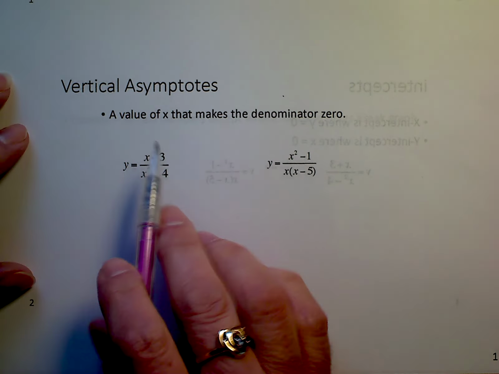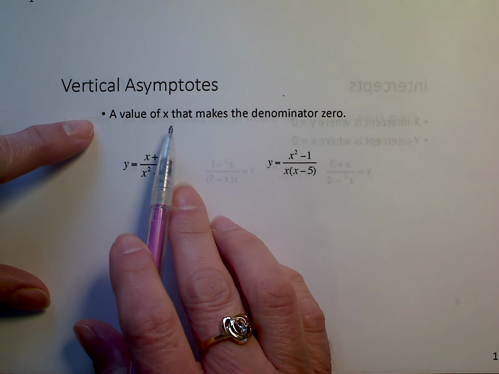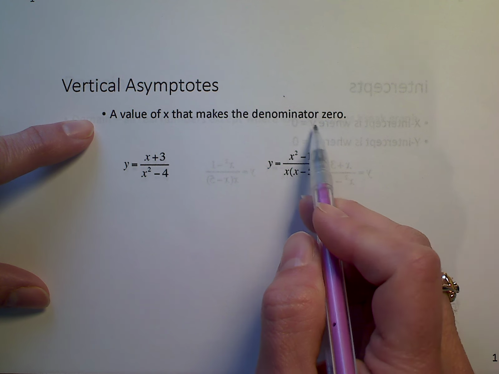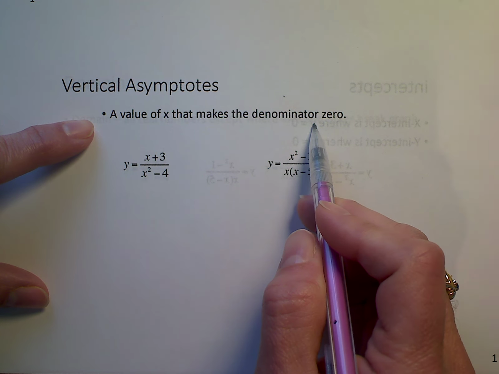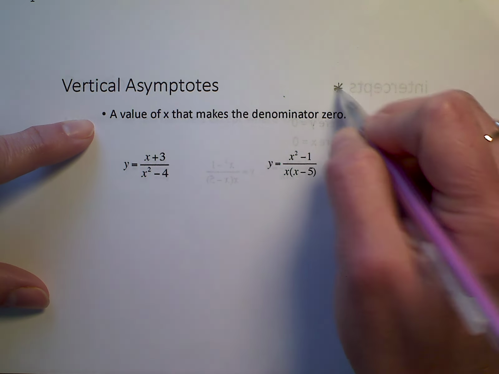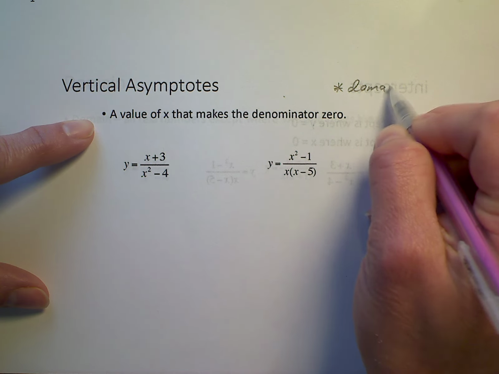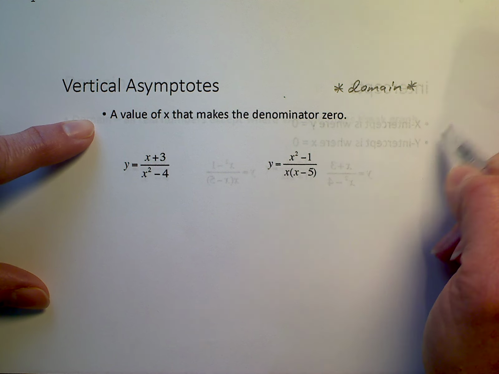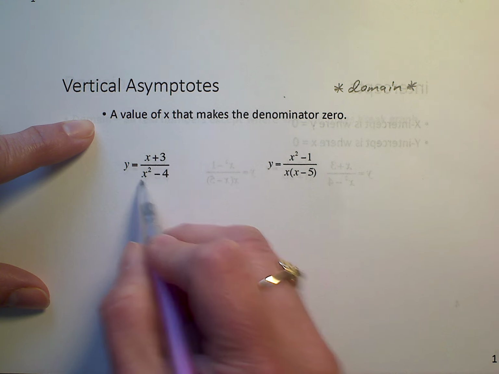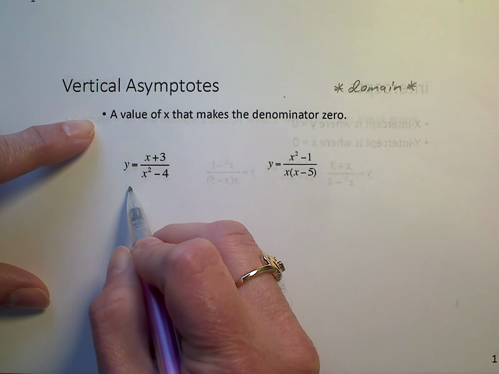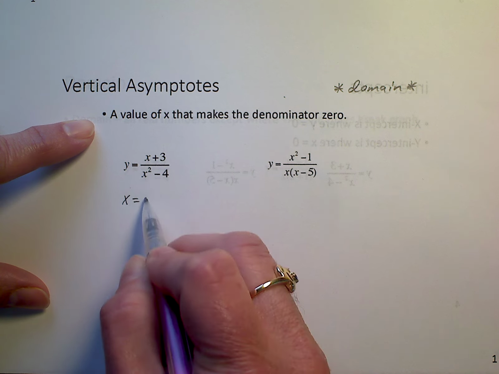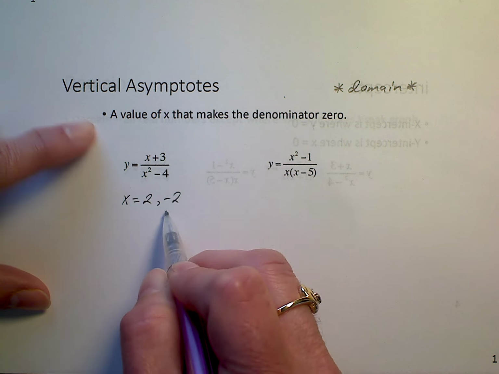Alright, vertical asymptotes. This is the value of x that makes the denominator 0. Guys, this is our domain. This is how we found domain before. We took the denominator and we set it equal to 0. Okay? And so that's what's going to happen here. If I look here, I notice that this would be 0 if x equals 2 or negative 2.